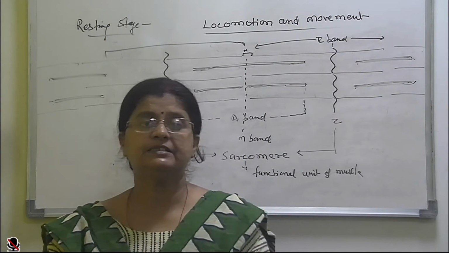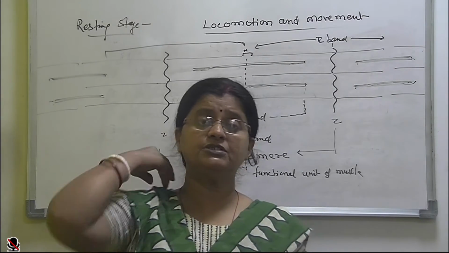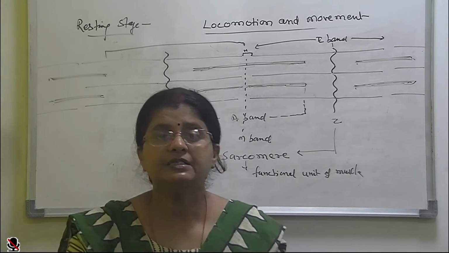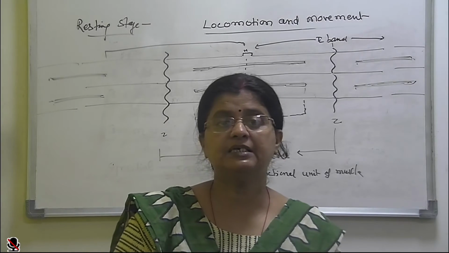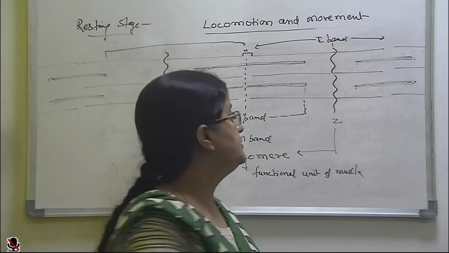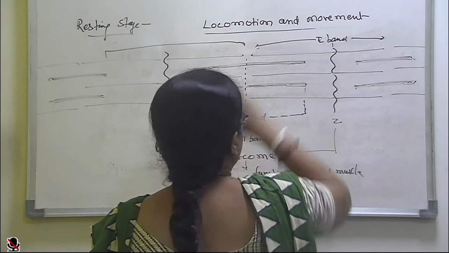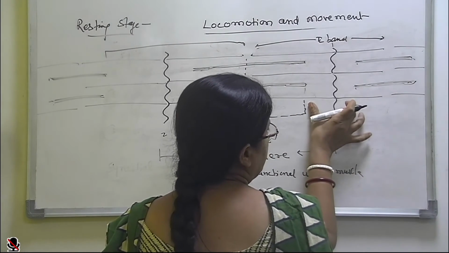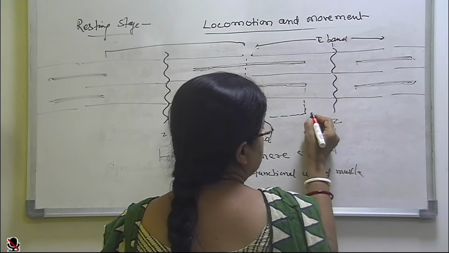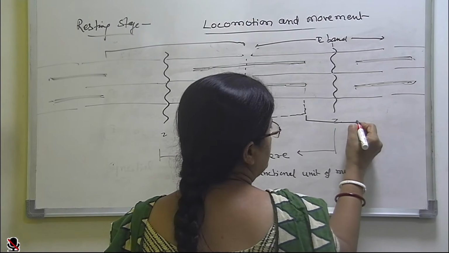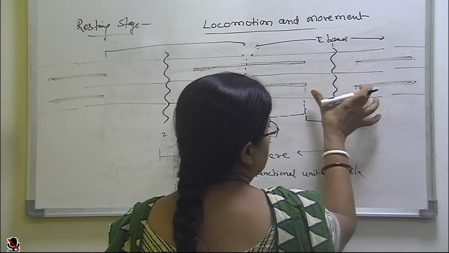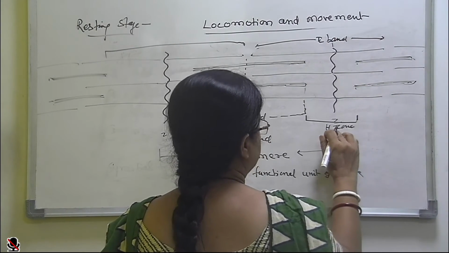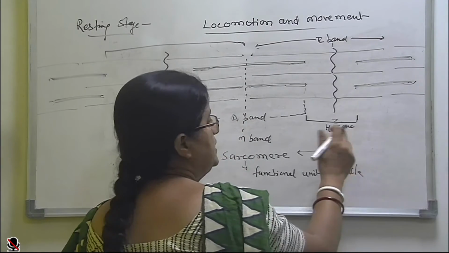In the resting stage, the portion of the thick filament which is not overlapped by the thin filament is known as the H zone, right? So this is the H zone.